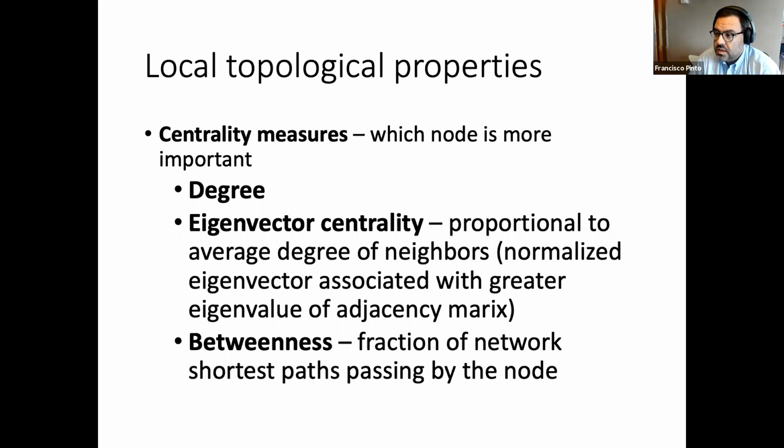The nodes with a high degree, if they lose their function or if they are attacked, have a higher impact on the whole network structure. So that's the reason why nodes with high degree in some situations are more important.